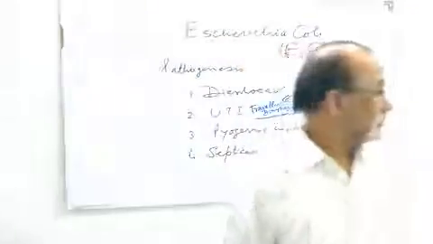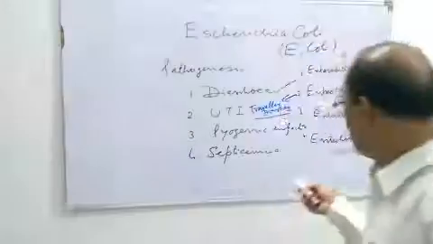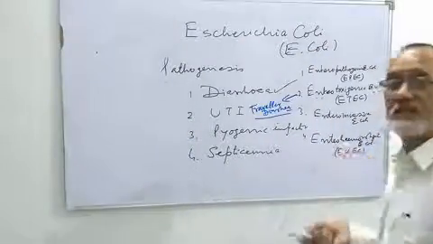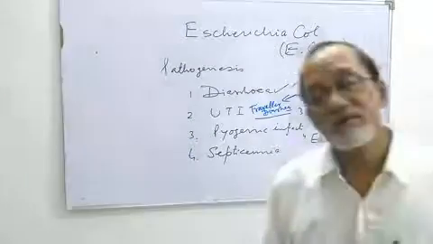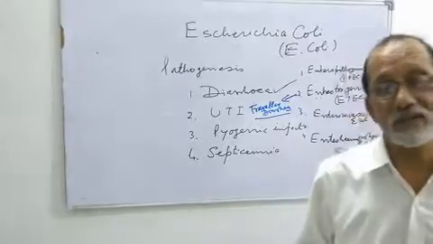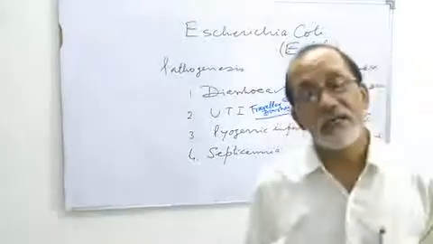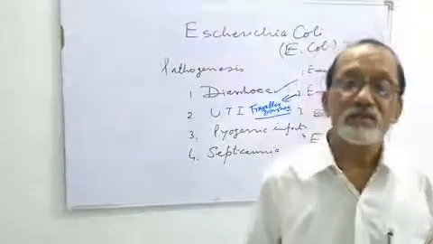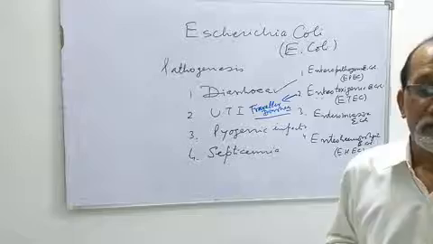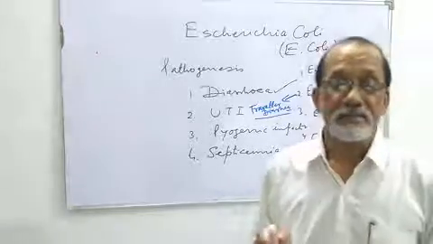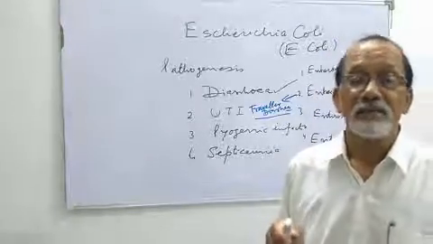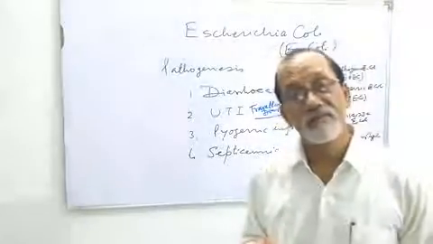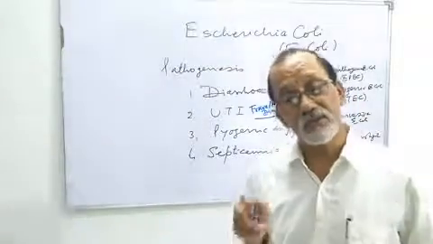Okay, and next is the enterohemorrhagic E. coli, or in other words we can say verocytotoxin producing E. coli, and these strains cause hemorrhagic colitis and hemolytic uremic syndrome. Okay, two things.